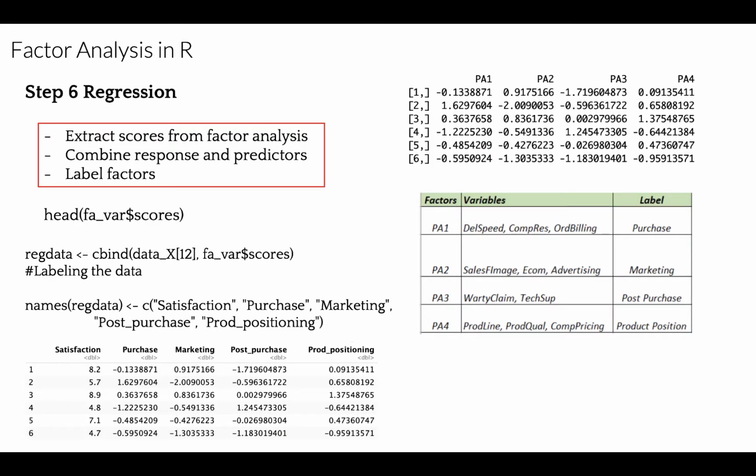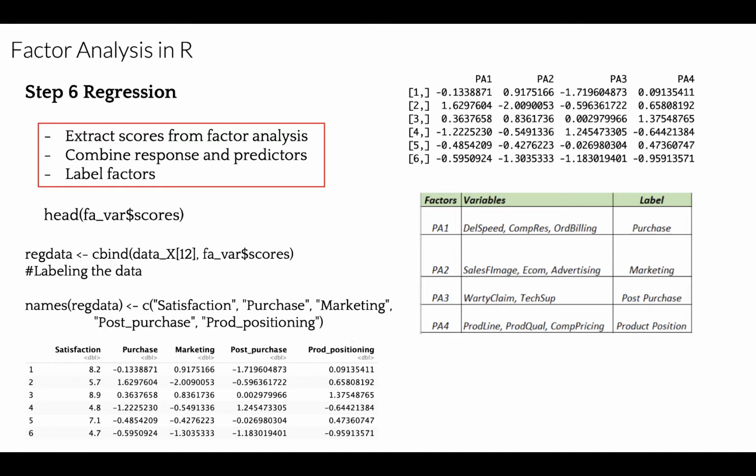To run regression analysis with factor analysis output, we need to first extract scores from the factor analysis. Then we need to combine the response and predictors and label our factors. If you look at the table on the right, top right is an example of scores. We need to look at our variables to decide what label to assign for each factor.